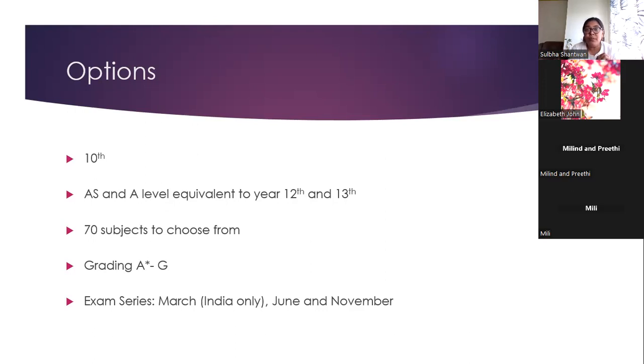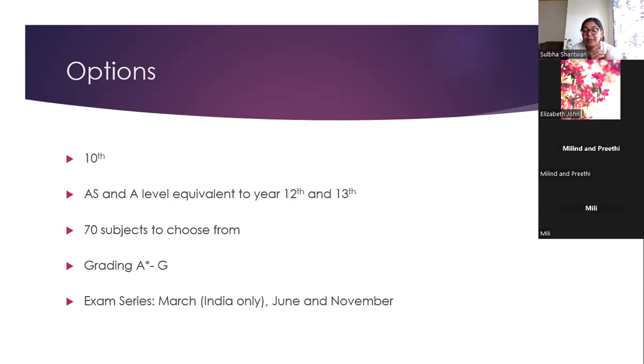Because some of the universities say that no, we are okay with the child giving only AS levels, or some universities want a mandatory of at least 1 subject at A levels. So that will help the child decide what is the core subject that he wants to keep for advanced and what he wants to keep as a standard. So that's the idea. And there are 70 different subjects to choose from on the website.